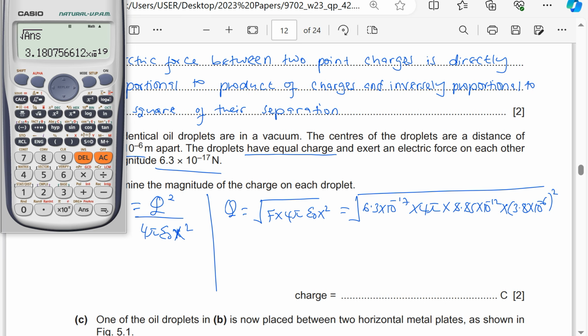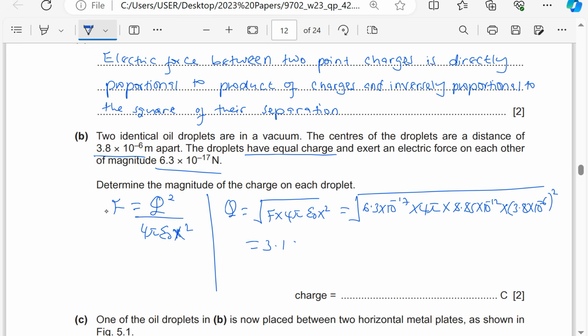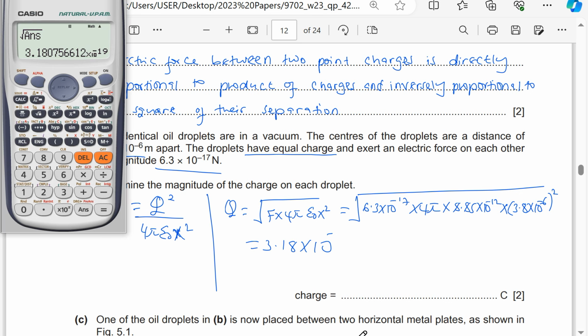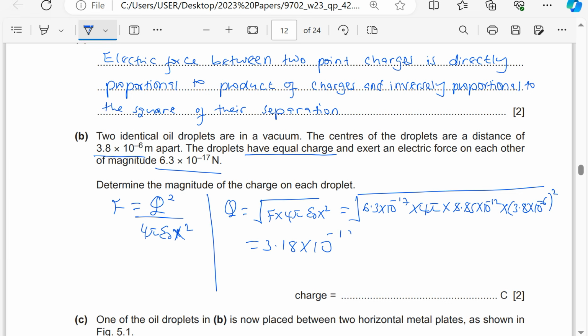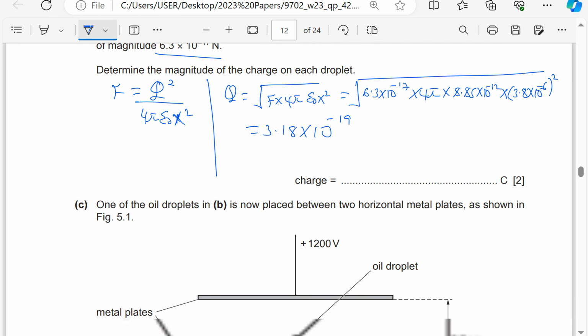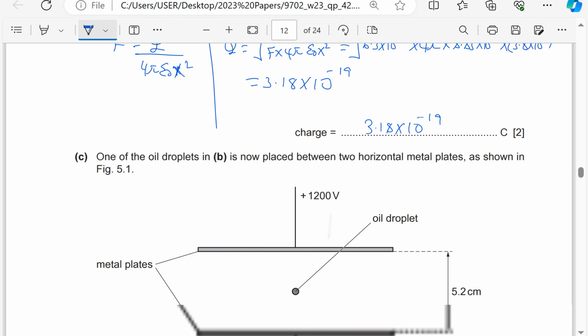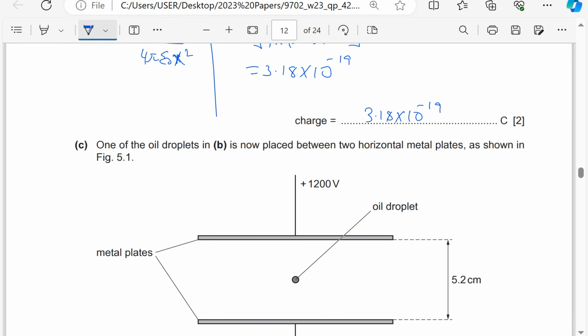So Q is 3.18 times 10 to the power of negative 19, which is approximately 3.2.